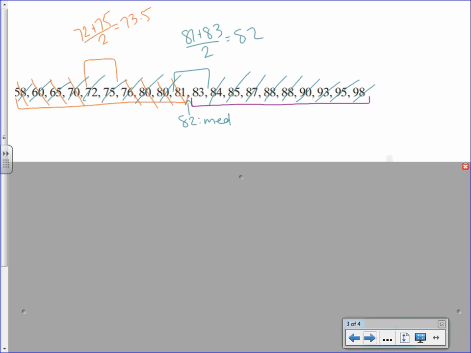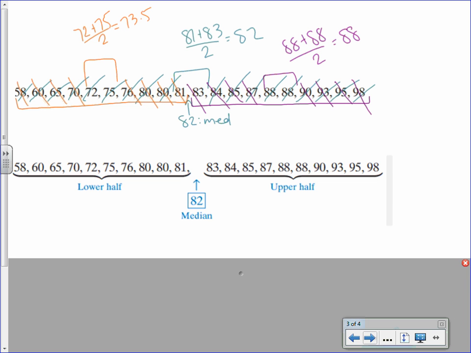And I'll come over here to my other half of data. Cross off. And I've got 2 pieces left, so I'll do 88 plus 88 divided by 2, and that's just 88. Okay?